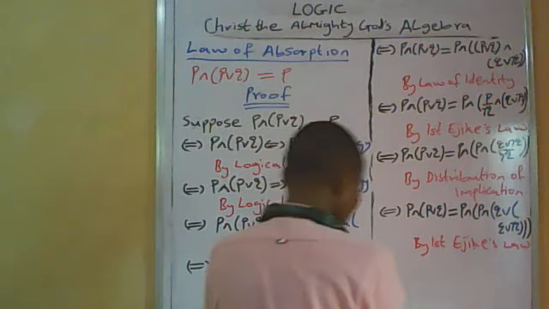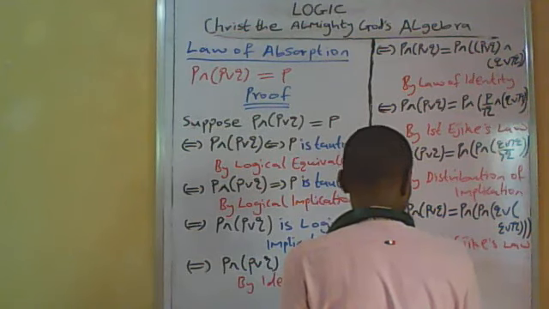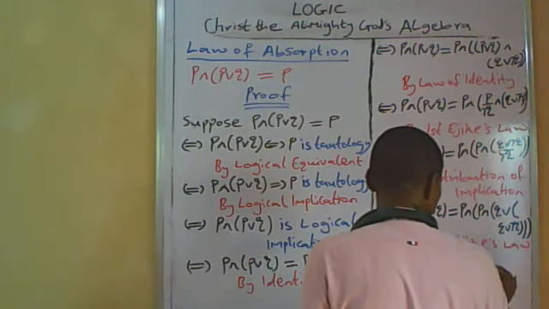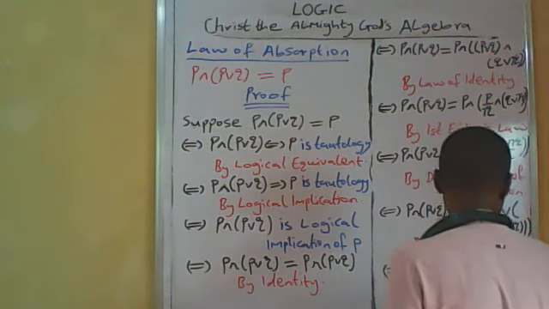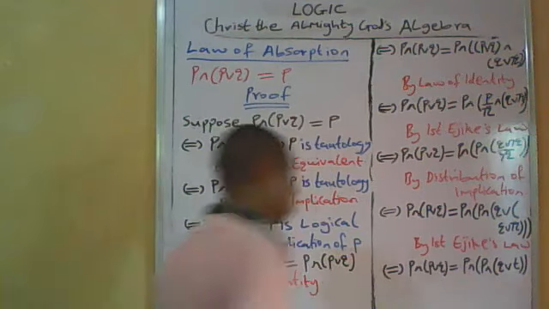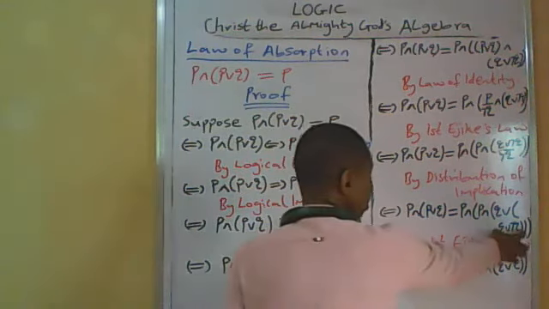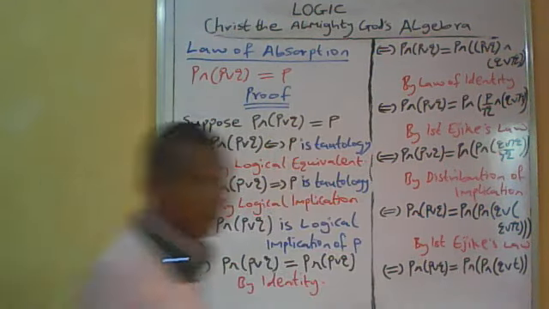If and only if P and bracket P or Q is equal to P and bracket P and bracket Q or T. We see that we have substituted this Q or not Q with T by the law of complement.